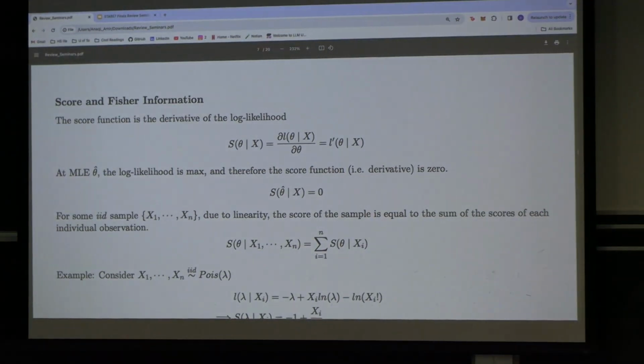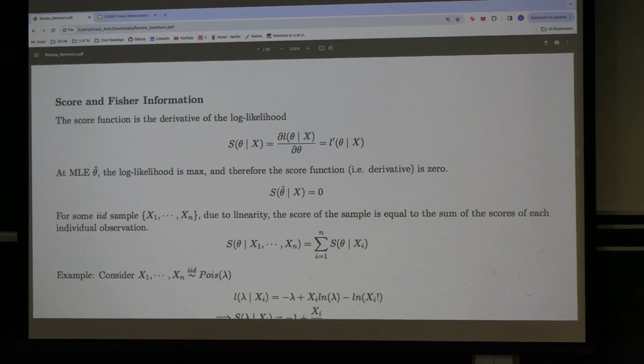Additionally, if we aren't just taking one sample, if we're taking many IID samples, let's say you have n of them, what is the score of this entire sample? Well, we know that the score is nothing but the derivative of the log likelihood, and the log likelihood of IID samples is just the sum of the individual log likelihoods of each independent sample.